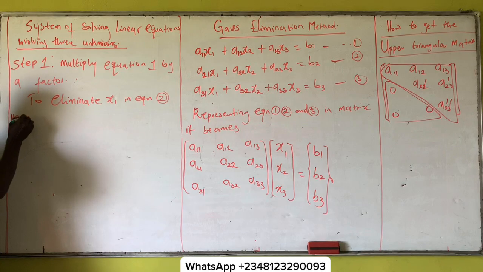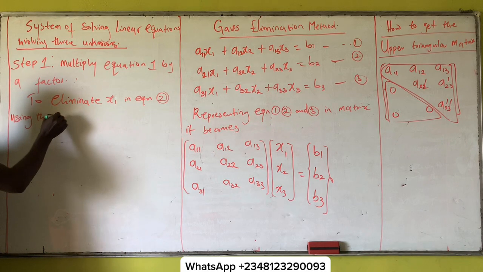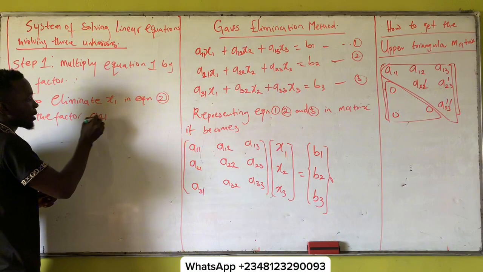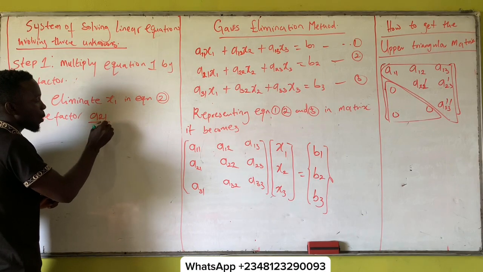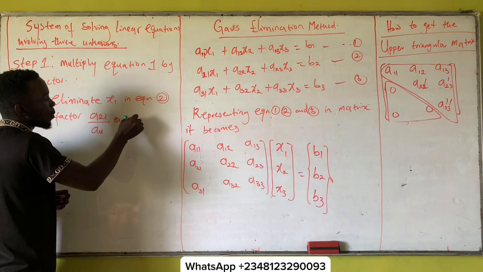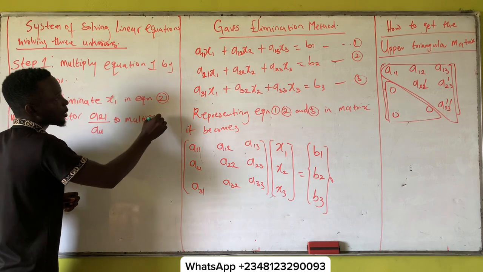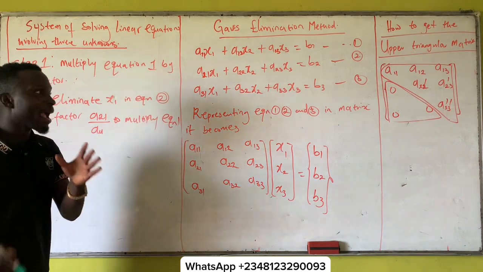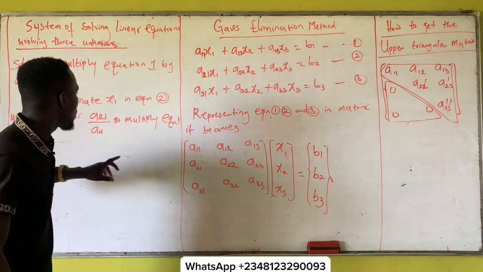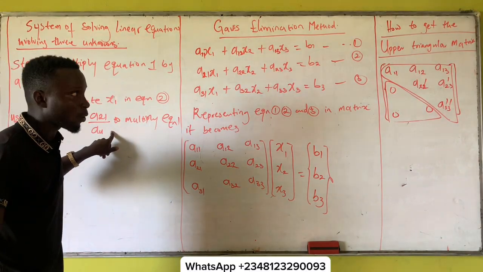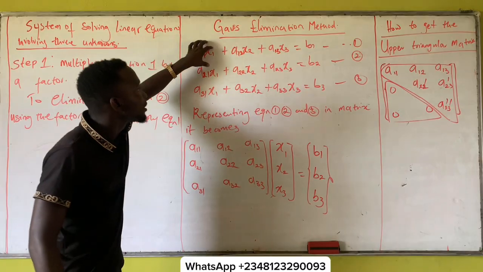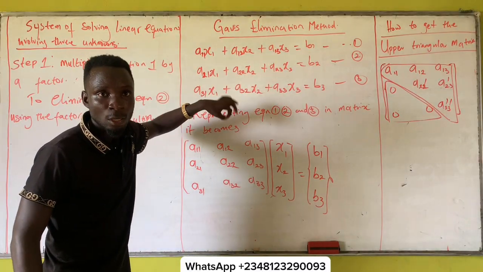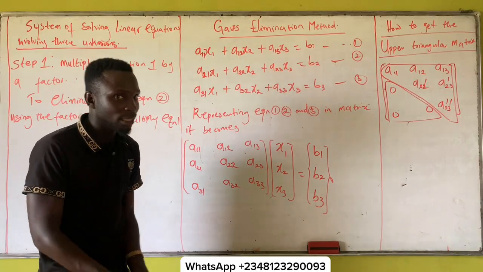Use the factor A21 divided by A11 to multiply equation 1. Now, why are we multiplying by this factor? We are multiplying by this factor because we want our x1 to have the same coefficient so that we will be able to eliminate it.